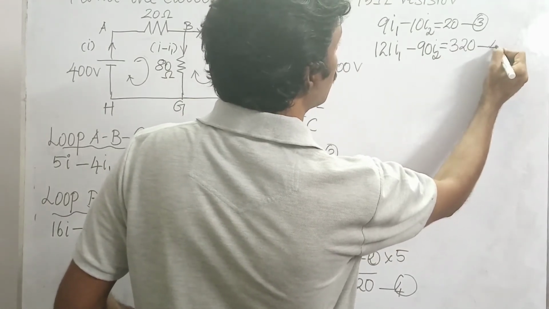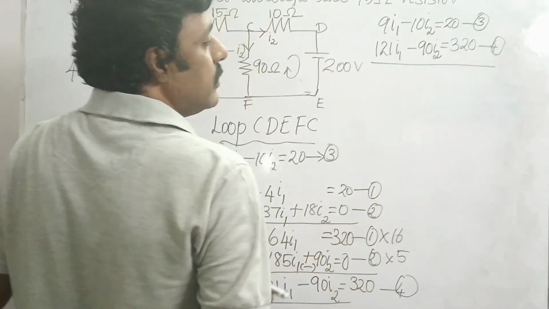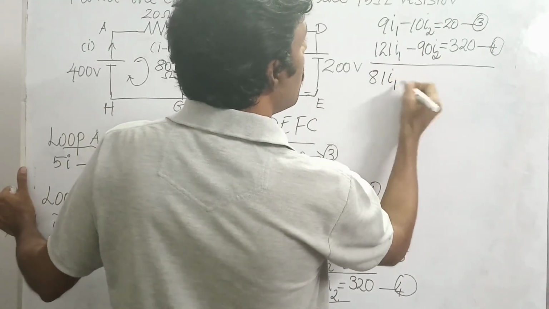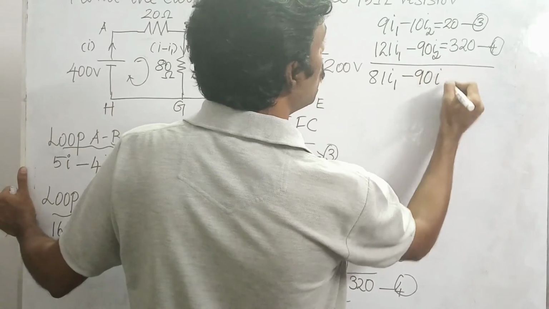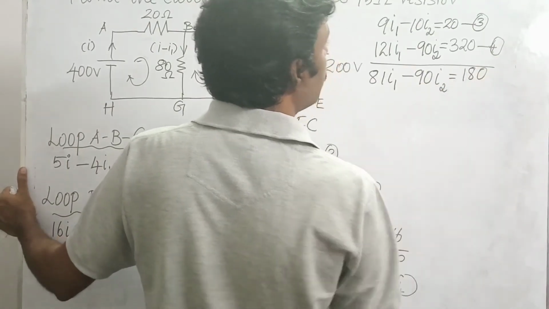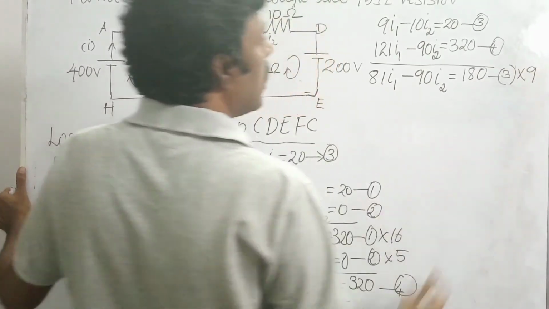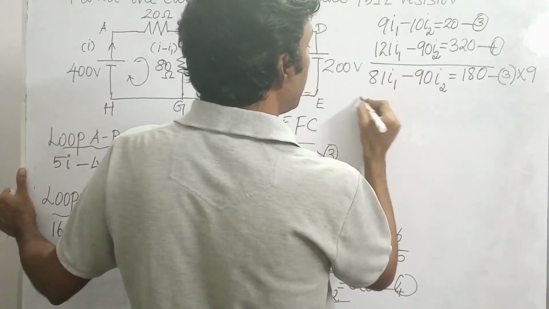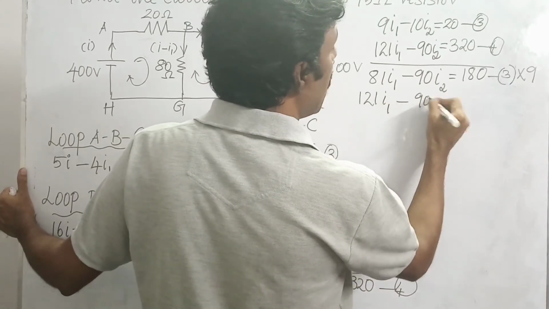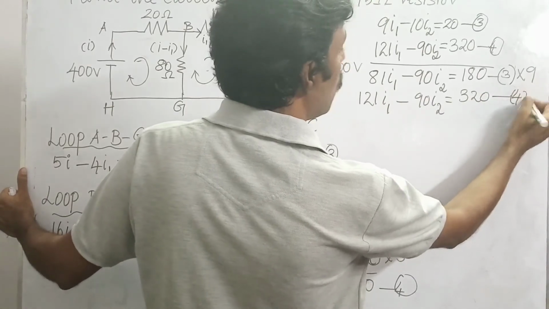Now I am going to multiply equation 3 by 9. So 9 9s are 81I1 minus 9 10s are 90I2 equal to 9 into 20, which is 180. I am keeping the fourth equation as 121I1 minus 90I2 equal to 320.